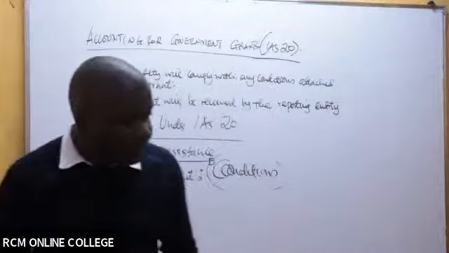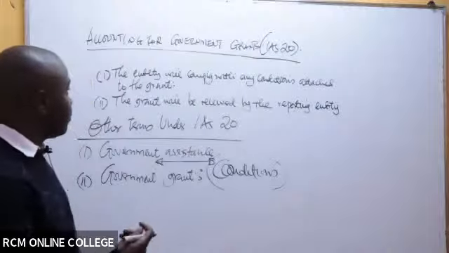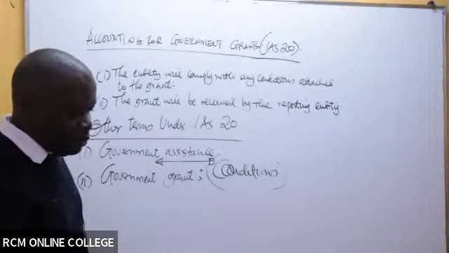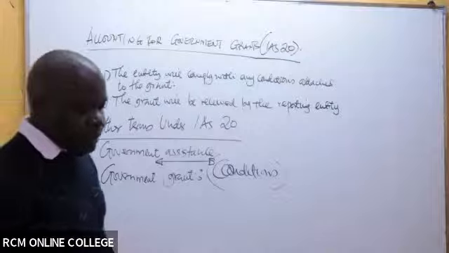Then maybe the final paragraph before we move on from government grants, you can write the last paragraph and indicate disclosures.